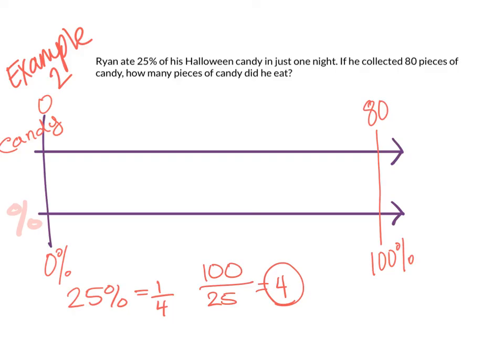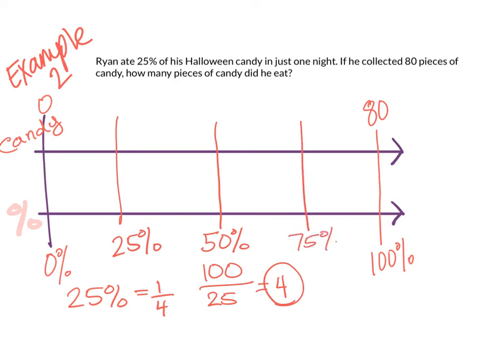And I'll go ahead and label my percentages first. We would have 0%. Our next jump would be 25%. Adding another 25 would give us 50%, and then 75% to 100. Now we need to figure out how much each of our groups of 80 is worth.